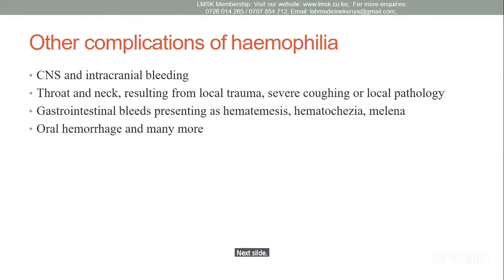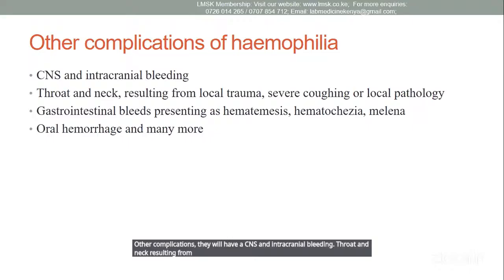Other complications: they will have CNS and intracranial bleeding, and throat and neck bleeding resulting from local trauma, severe cough, or local pathology. Those who just cough, or someone who has an infection in the throat, can also have local trauma that leads to bleeding in the neck and throat.